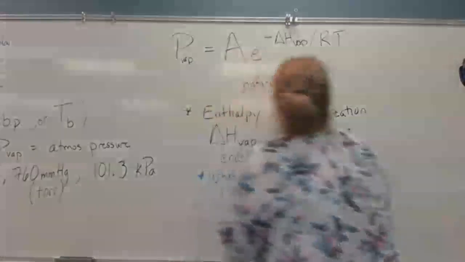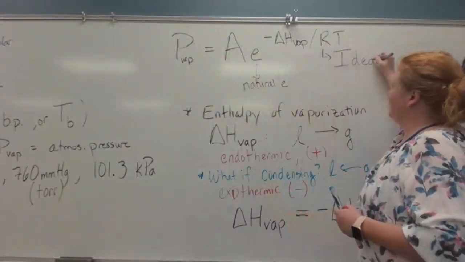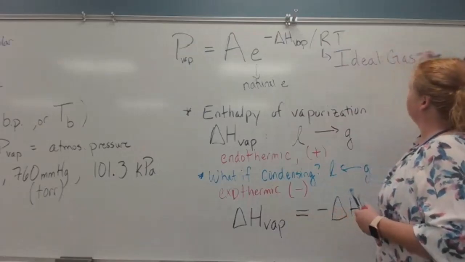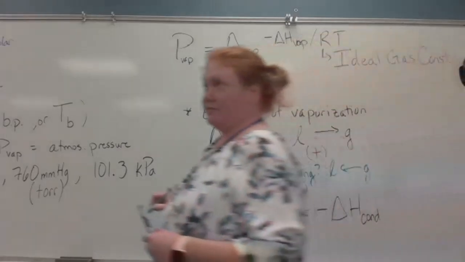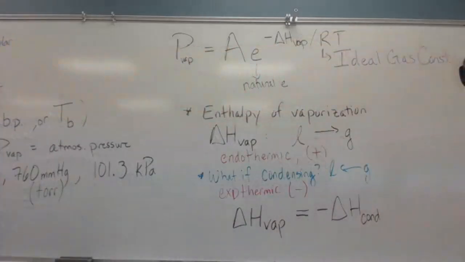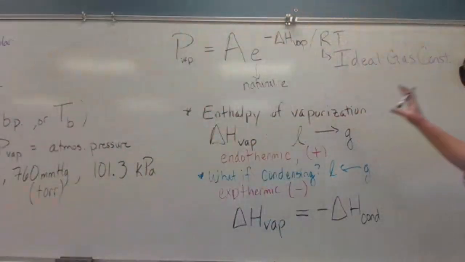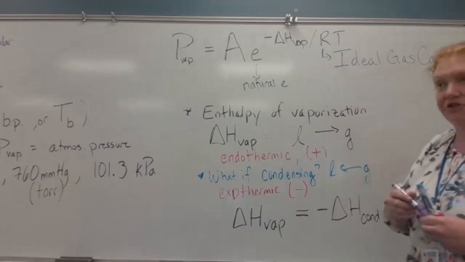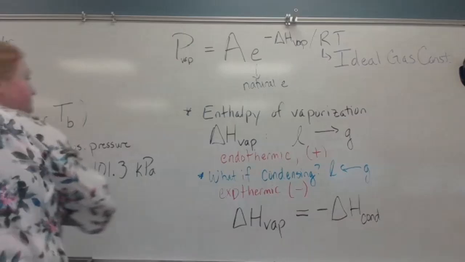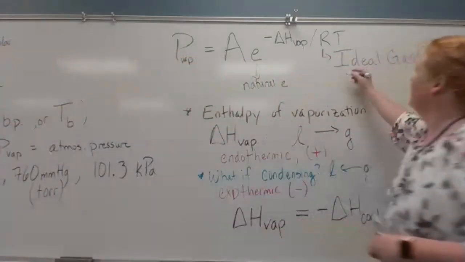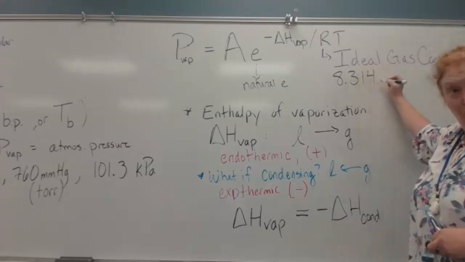What is R? If you look on your sheet, I said what R is. It's that gas constant. We used a gas constant when we did the ideal gas law. This is a different unit gas constant that you have to use, and it's on your sheet. 8.314.